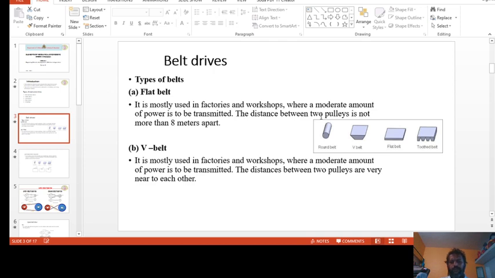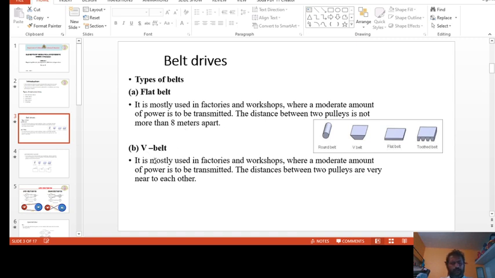The distance between two pulleys is not more than 8 meters apart. This is one of the most commonly used types of belt drives, and the limitation is that the distance between the driving and driven pulley should not be more than 8 meters.